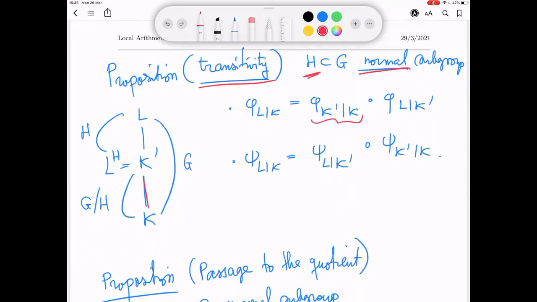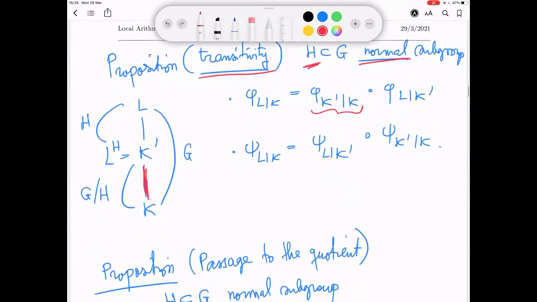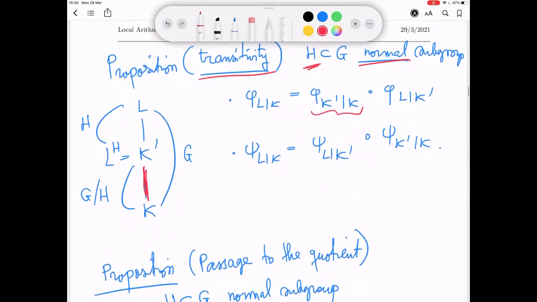That makes sense only when k prime over k is Galois. For the time being, I have not defined it for other extensions, right? Only in terms of the lower numbering of the ramification filtration have we defined the function phi.